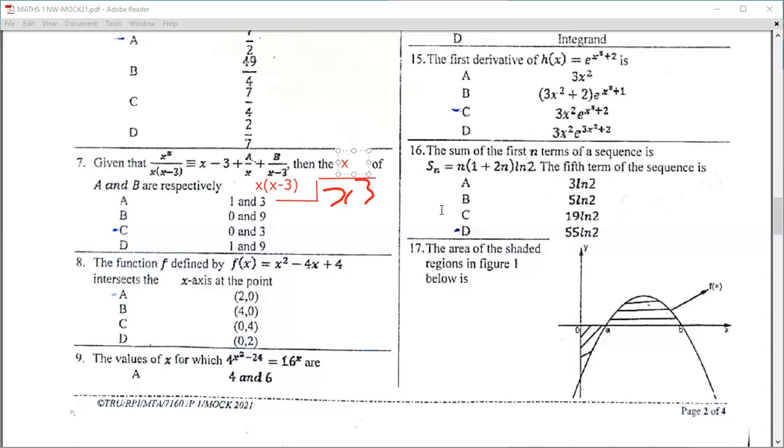And x now times this x squared, or x into x minus 3, is going to give us x cubed.